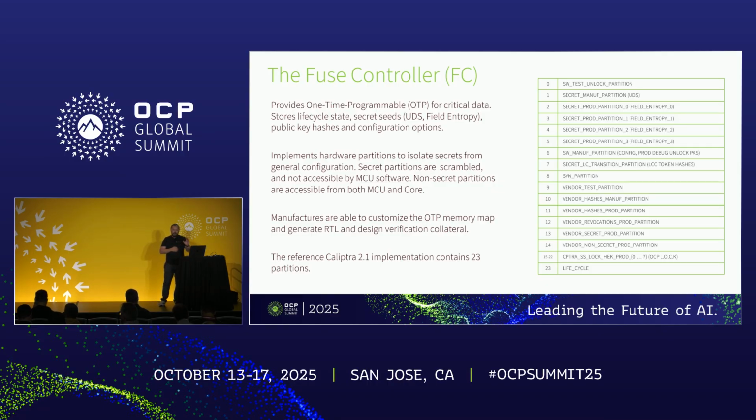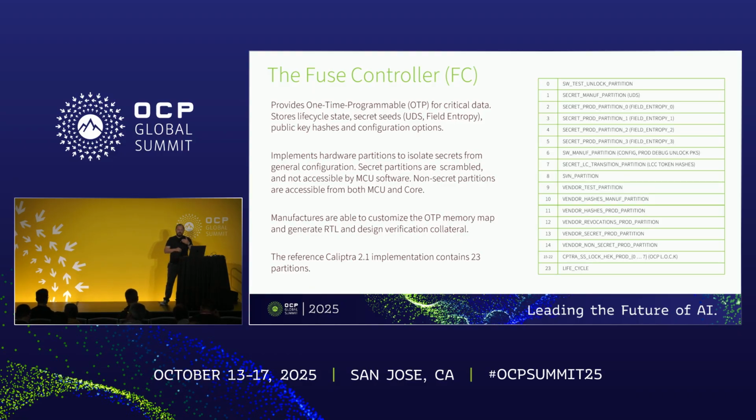If you look at the table here, the UDS secret and the field entropy partitions, as our example, are hardware partitions. These are special partitions because they enforce isolation from software. So MCU doesn't have access to those partitions.